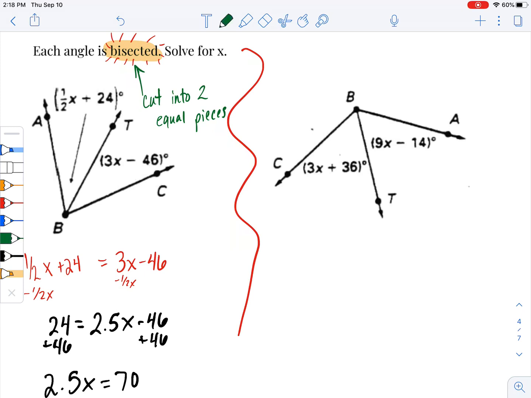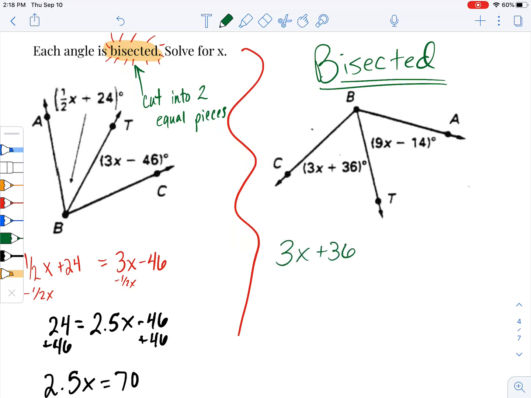So same idea on the right. We know this is bisected. That's our key word, bisected. Cut into two equal pieces. So we'll set our two parts equal to each other. And I'll say, I see a positive 3x. I'll subtract 3x from both sides. So now I've got 36 equals 6x minus 14.